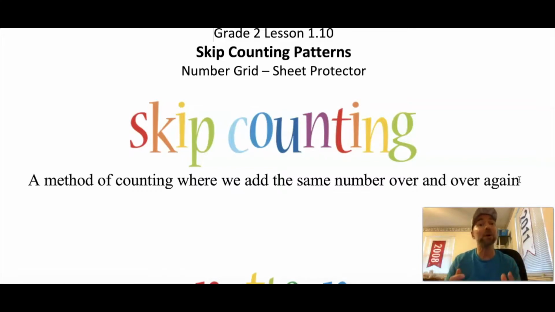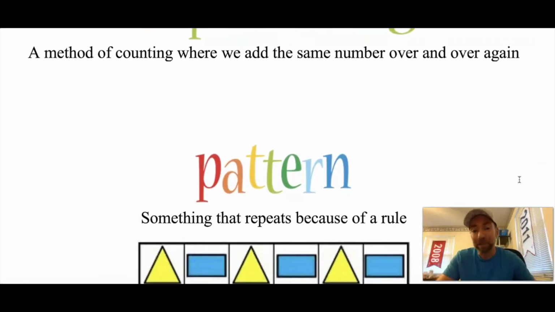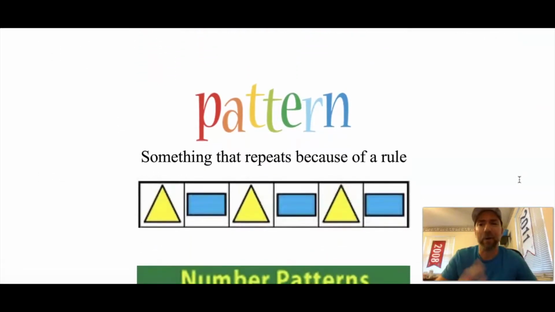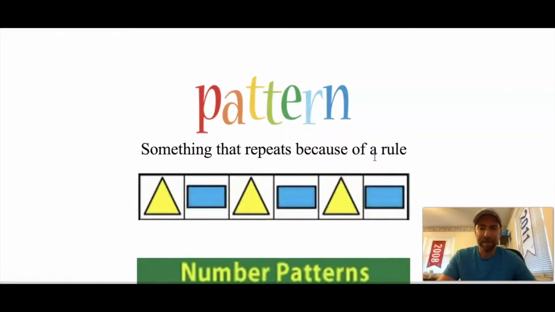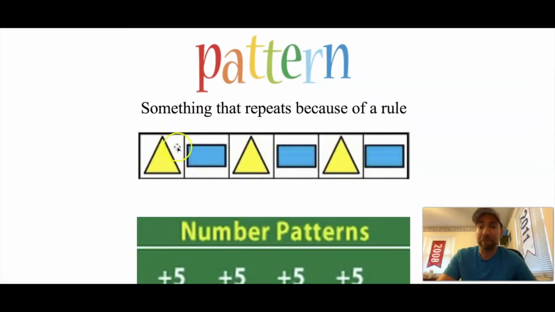So we're going to be working with some skip counting in today's lesson. But we're also going to be looking at a pattern. Now, a pattern is something that repeats because of a rule. My first pattern is a shape pattern.